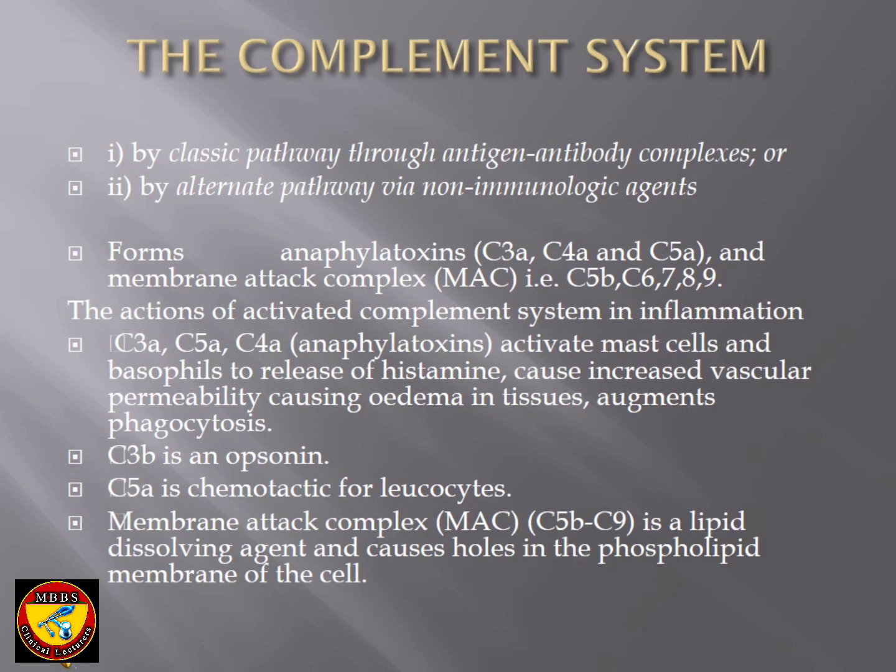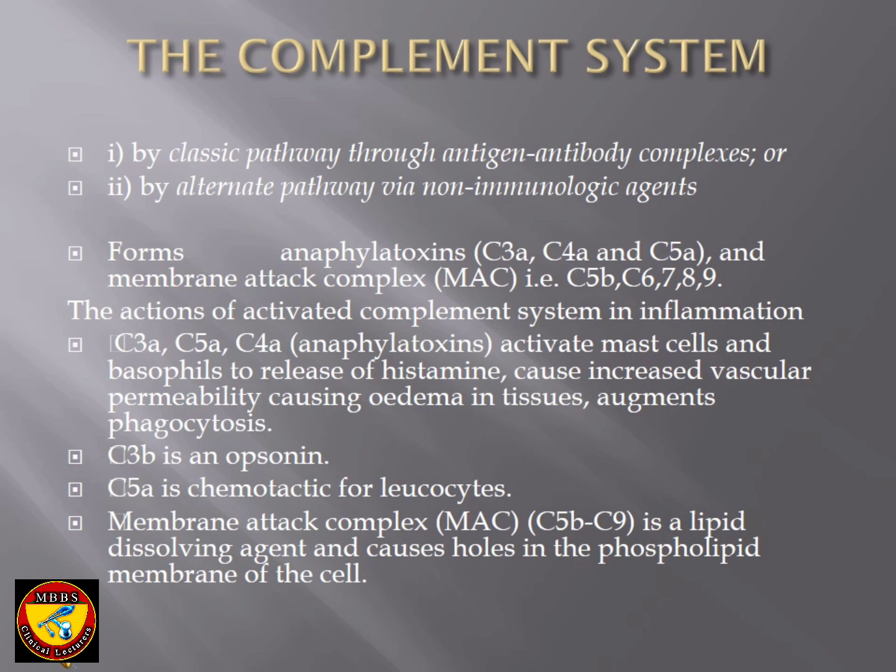The other is called the alternate pathway. This activates via non-immunological agents such as bacterial toxin, cobra venom, and IgA. So it doesn't need any immunological reaction like antigen-antibody complexes. It activates directly by venoms, by toxins, or by secretory IgA bodies which are formed in autoimmune diseases.